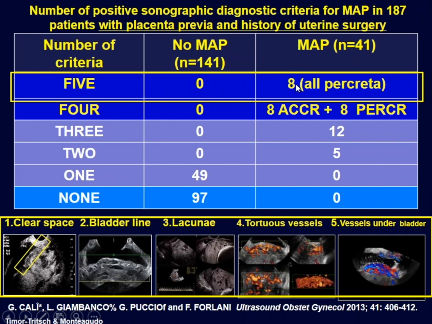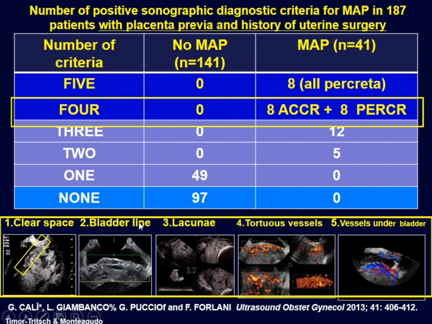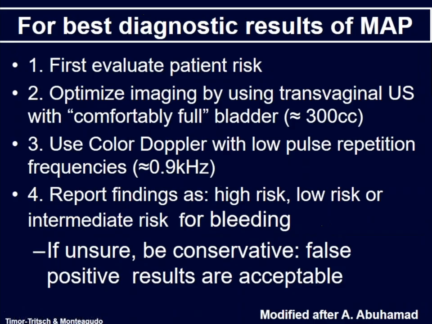If all were present, all 8 had placenta percreta. If 4 of them were present, then 8 had accreta and 8 had percreta. However, if none of these were present, practically all the patients had no morbidly adherent placenta.